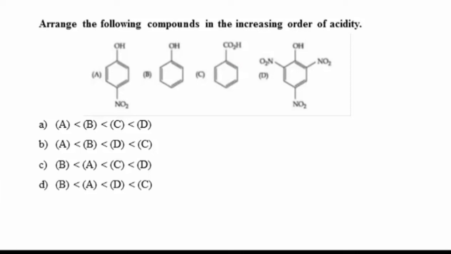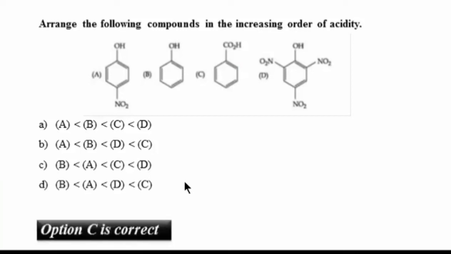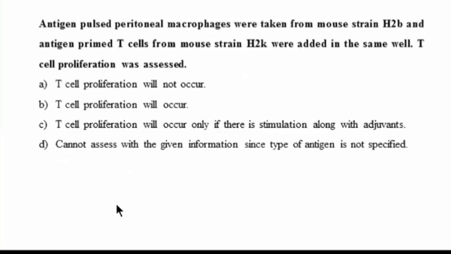Now, among the meta and para nitrophenol, the latter is more acidic as the presence of NO2 at the para position stabilizes the phenoxide ion to a greater extent than when it is present on the meta position. So based on these facts, the correct order of acidity would be B, A, C, and D, and that is our option number C, which is the correct answer.